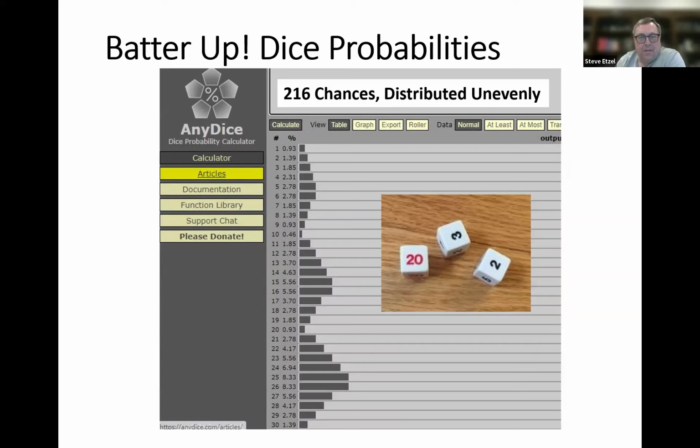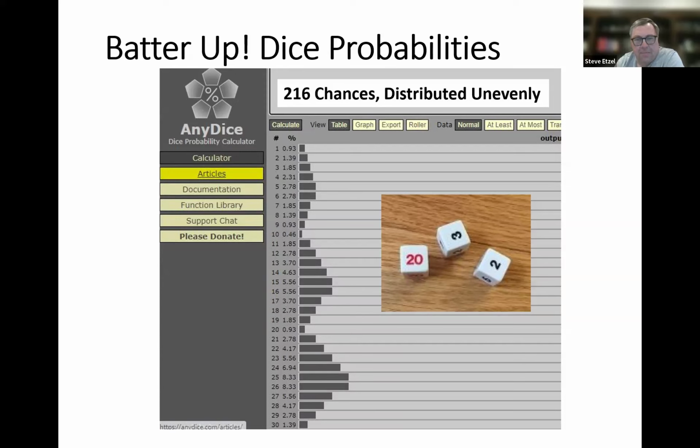So there's number 10 in Batter Up, dice roll number 10, which you would get by adding the red die, which is the tens digit, and adding the 2 black dice for the ones digit. There's only one chance out of 216 that can happen, the way the dice are configured.